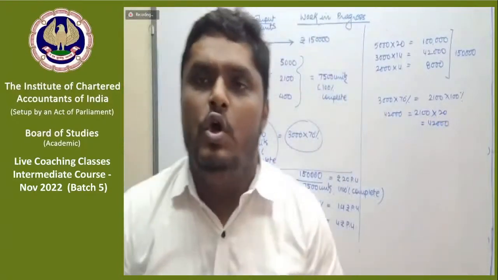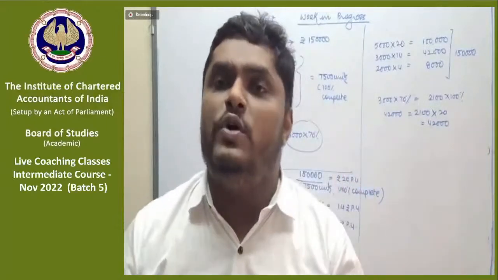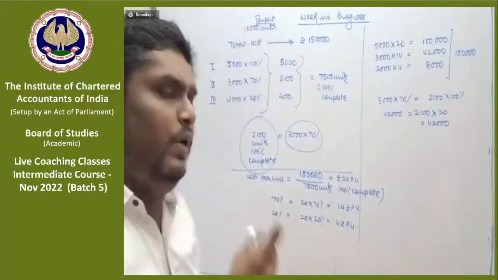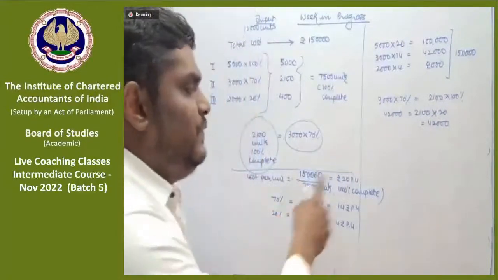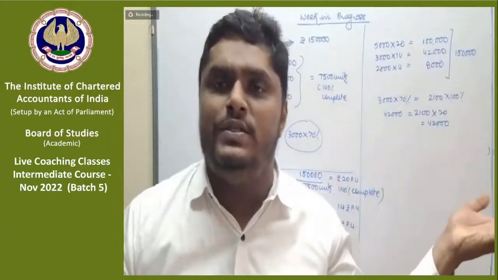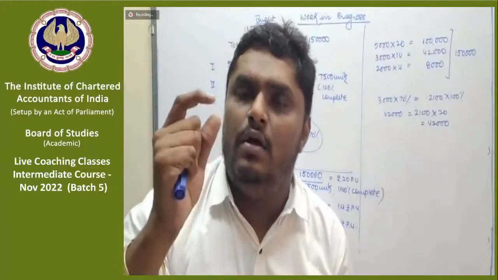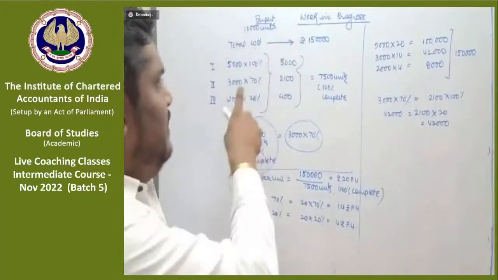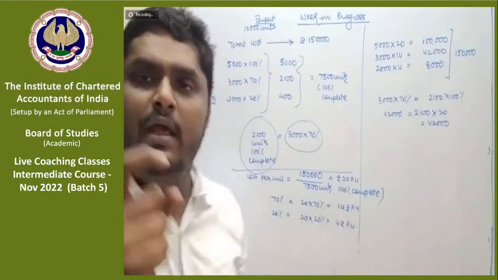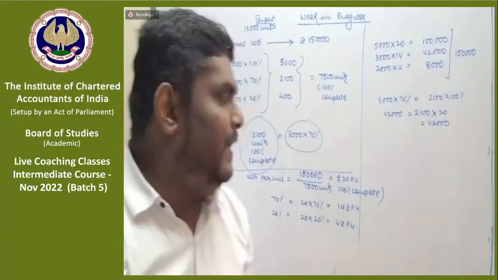So my point is, when the units are unfinished or still in process, first we will calculate the equivalent number of units. Thereafter, we'll calculate the cost per unit, that is rupees 20 per unit we have calculated. Now, there are two ways to calculate the value of closing stock, wherein the first way is to calculate the revised cost per unit, wherein the units that are 70% complete, the cost will be 20 into 70%, that is rupees 14 per unit, 20 into 20%, that is rupees 4 per unit.